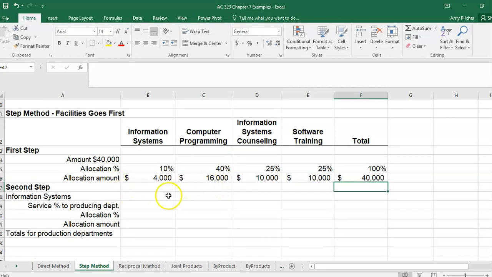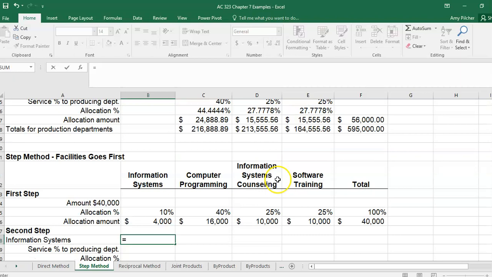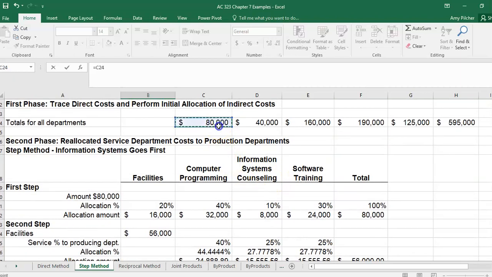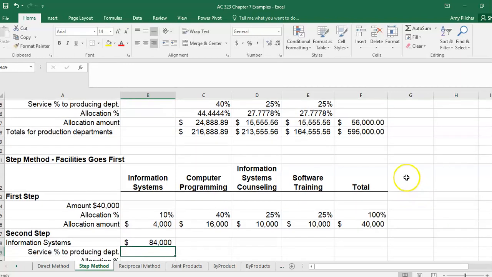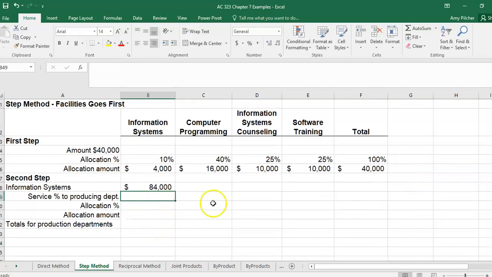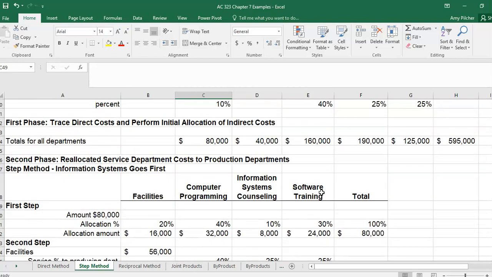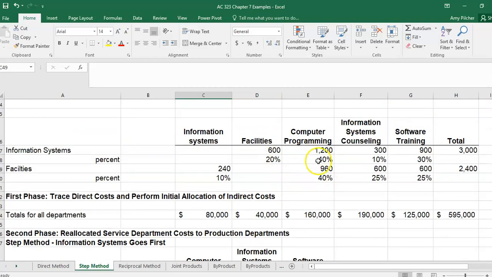Now for information systems, we have our original 80,000 in indirect costs plus the 4,000 we just received from facilities. We now do the same thing that we did above and in the direct method. We take the percentage for the production departments. So we have 40, 10, and 30.